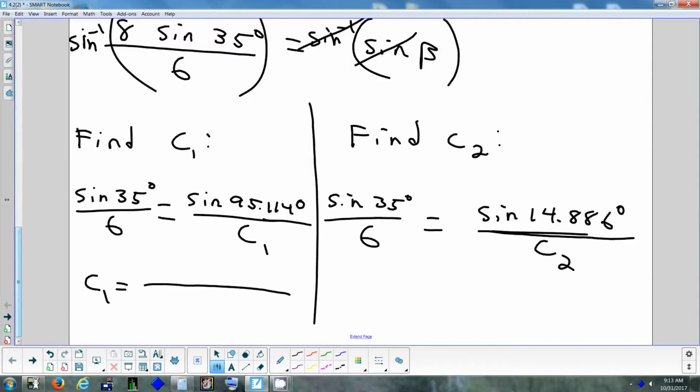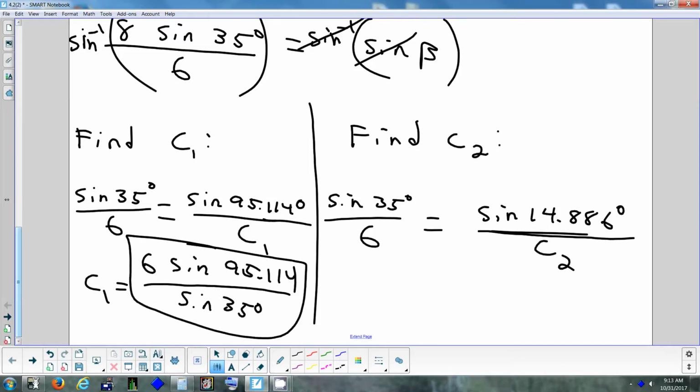Yeah, so after you cross multiply and then get C1 by itself, what would C1 equal? 6 sine 95.112. Yep, divided by sine 35. Okay, so type that in, and that'll be the answer for C1.